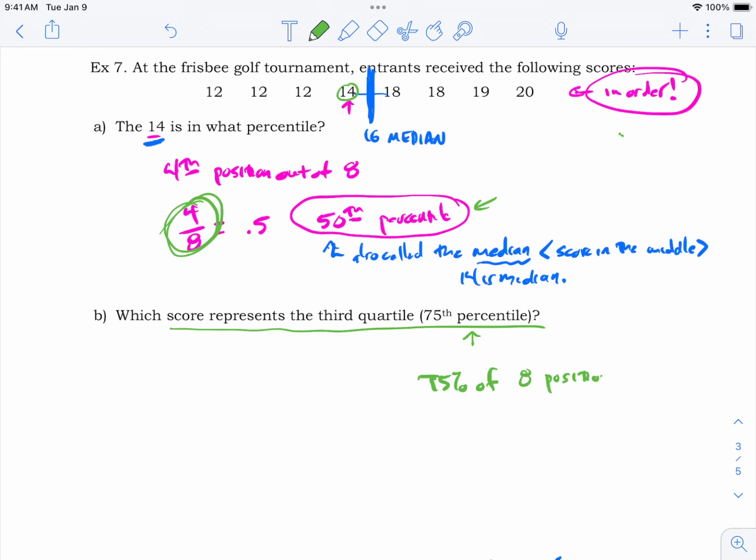There are 8 positions total. If you walk across 75% of them, you would want 0.75 times 8. You would get 6. So the 6th position would correspond to the 75th percentile. And so you just walk across to the 6th position. 1, 2, 3, 4, 5, 6. And you say, yeah, it's an 18. 18 is the 75th percentile.